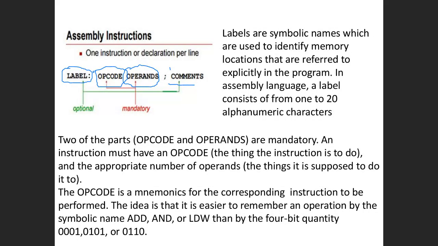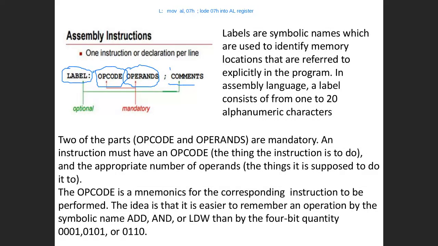So what does it mean? It means move 07H to AL, and before that we write something like L colon. So it means this is the label of this line.